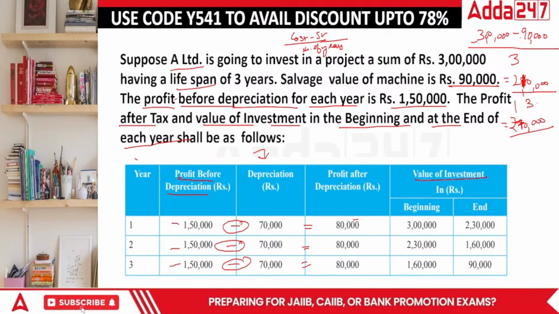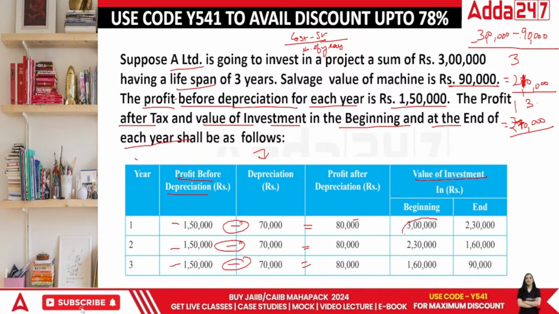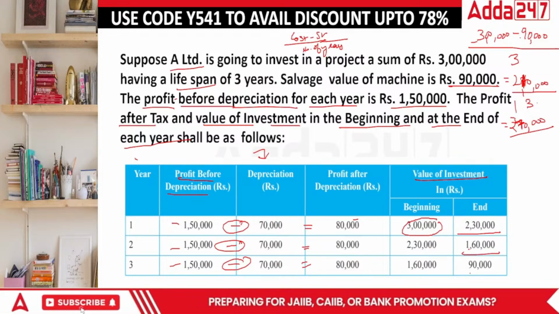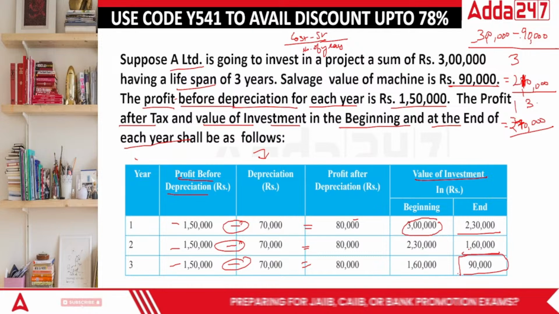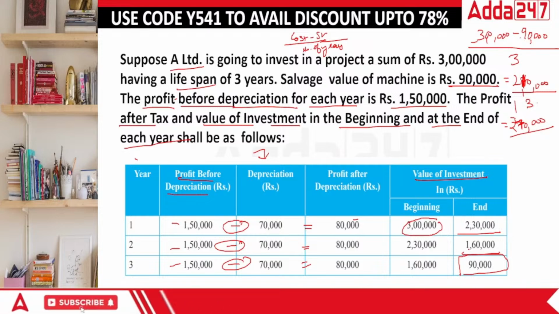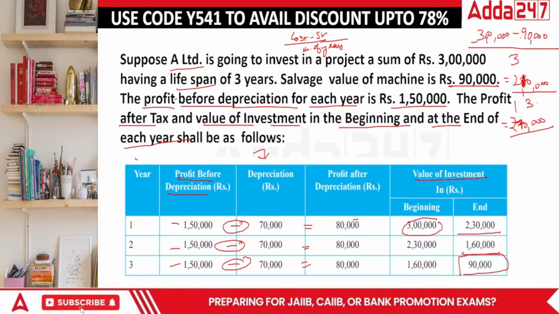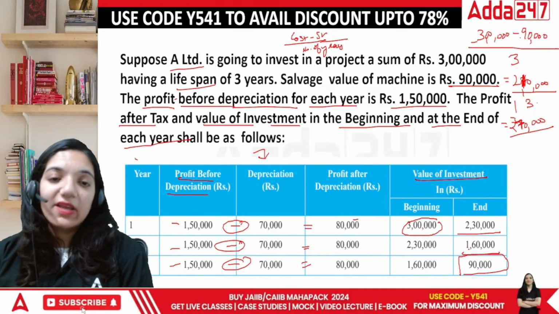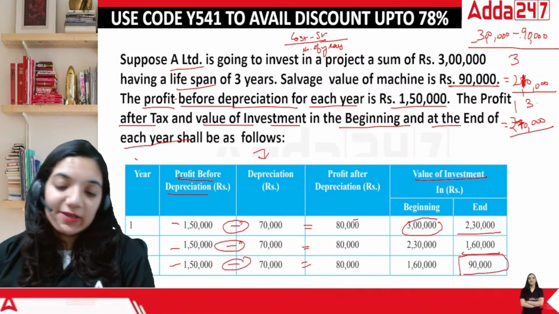This is given. In the beginning we had kept 3 lakh rupees, then it became 2,30,000 after depreciation, then it became 1,60,000. By the end it is just 90,000. That is the point that they're saying. For the first, second and third year, the depreciation is 70,000 for each year. So if I put 3 lakh into something, by the end it is just now at 90.